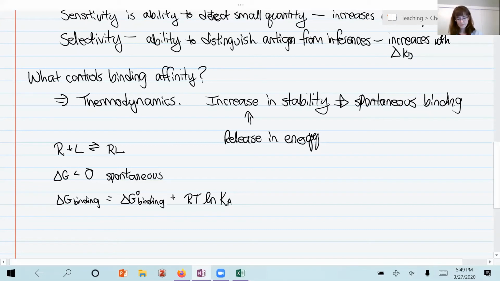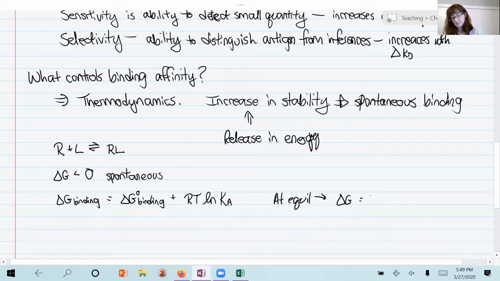So this becomes quite powerful because now we can consider what happens at equilibrium. After everything is already bound, delta G must be 0. And you should ask yourself right now, do I really understand why that's true?